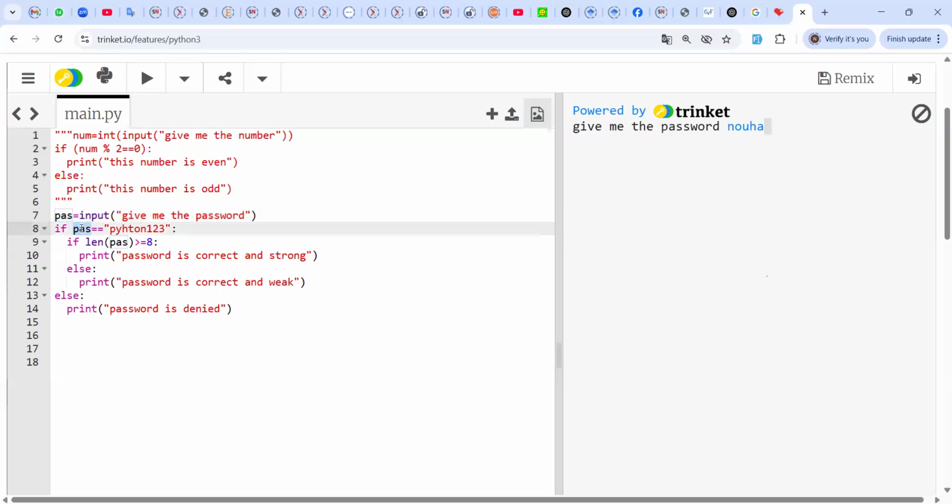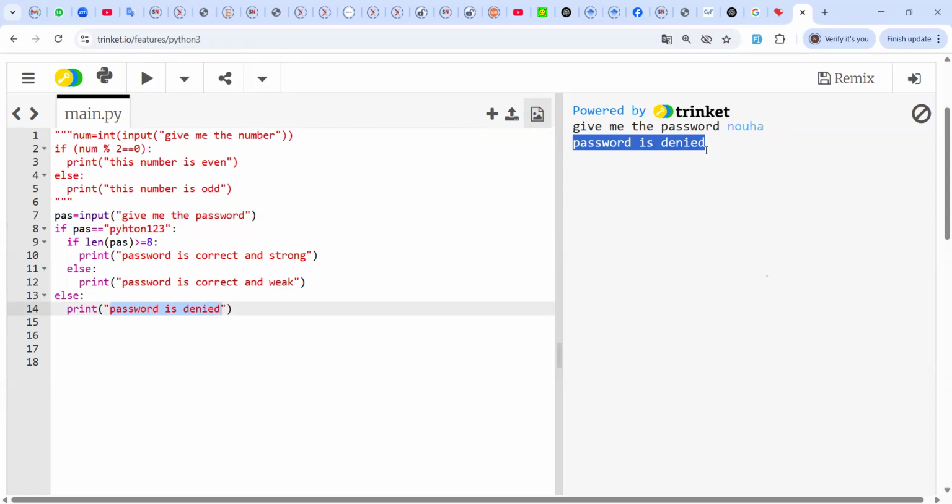And then he's going to ask if Nouha is equal to Python. No, it's not. This statement is going to give us false. That means he is going to go to else, and he's going to print this message. We're going to check. Did you see it?